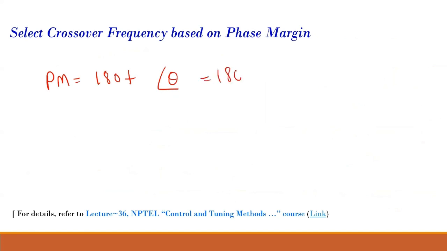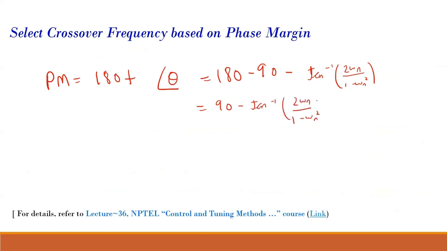So that is 180 minus 90 minus tan inverse of 2 omega n upon 1 minus omega n square. That becomes 90 minus tan inverse of 2 omega n upon 1 minus omega n square. So by selecting omega n, I can set the phase margin to be 60 degree, and then I can find out which omega n will result in a phase margin of 60 degree.